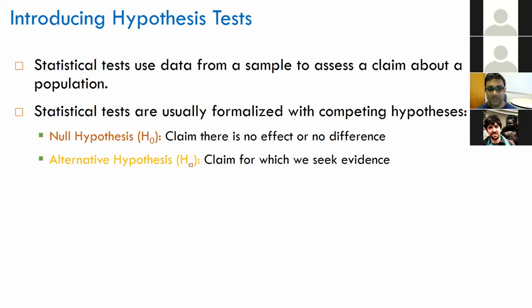So if you have a research question, for example, our previous one, eating yogurt reduced the weight, right? So what's your null hypothesis? There's no effect of yogurt on weight loss, nothing. And then your alternative hypothesis, yogurt reduces the weight.